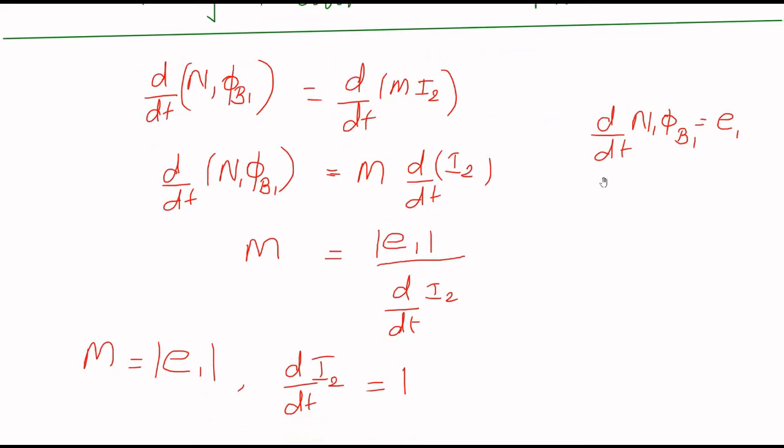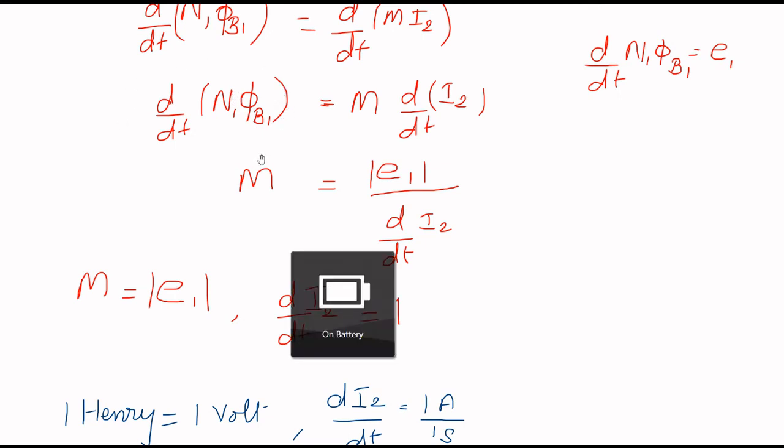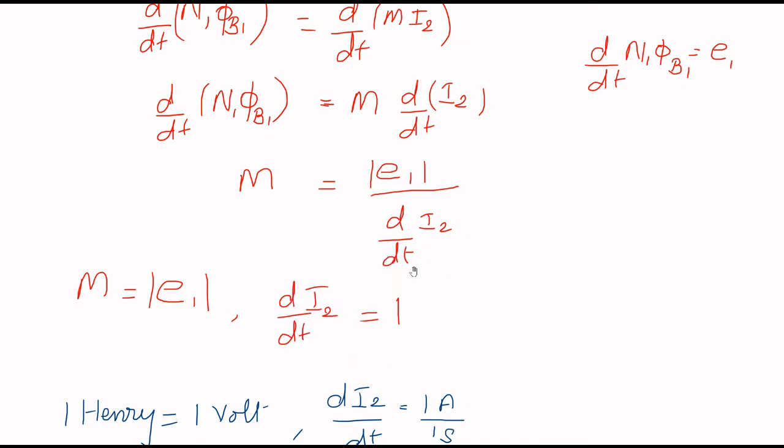According to Faraday's laws, we know d by dt of N1 phi B1 is the magnitude of induced EMF in the first coil. So M equals the magnitude of induced EMF in the first coil when rate of change of current through the second coil is unity.